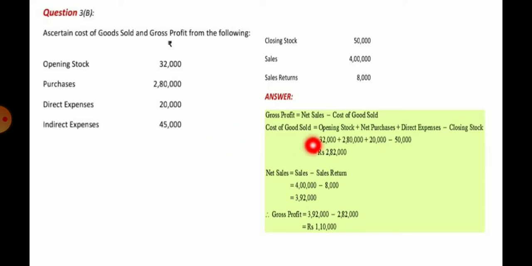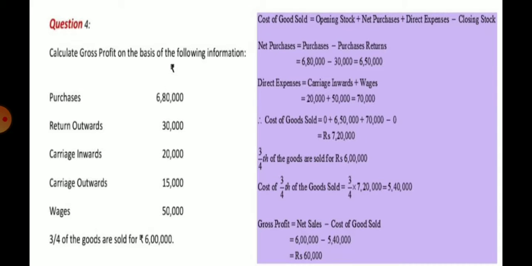The formula is opening stock plus net purchase plus direct expenses less closing stock. So opening stock 32,000, purchase less purchase return if there is any, direct expenses, and less closing stock. After finding cost of goods sold and net sales, gross profit will be found through the formula net sales less cost of goods sold. So the gross profit will be 1,10,000.